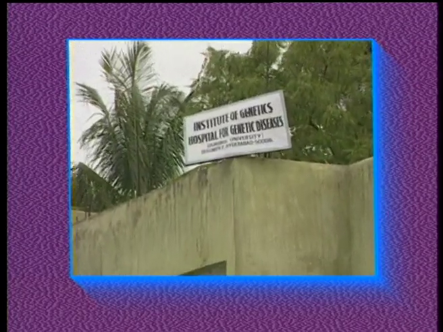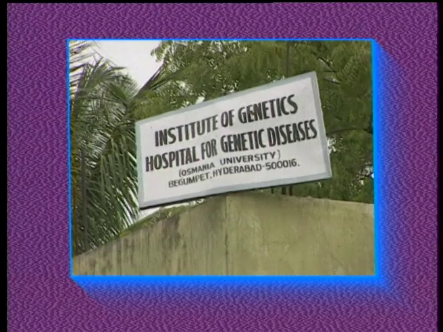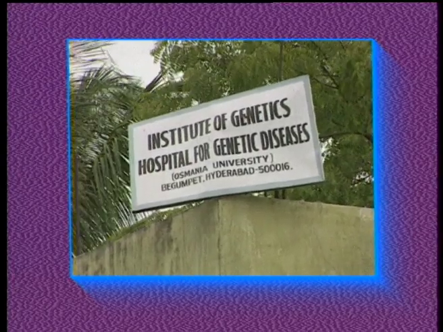Professor P.P. Reddy, the director, will explain to you the motive behind the establishment of this Institute of Genetics and Hospital of Genetic Diseases. This is the first and unique center in the country for genetic diseases.